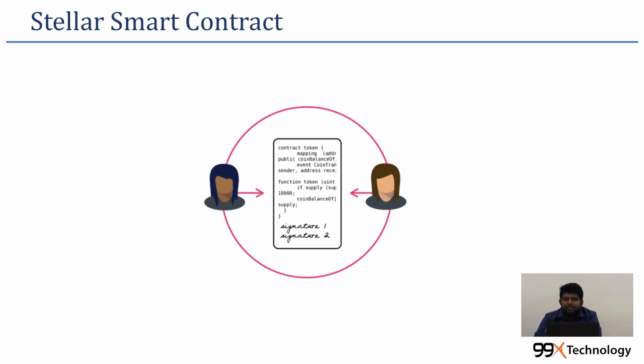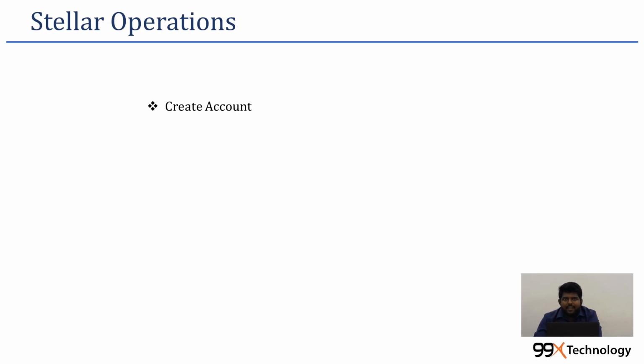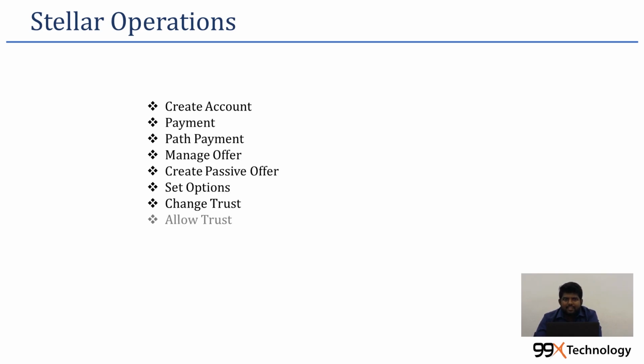We can build a proper smart contract that can handle any amount of money transactions or some sort of data transactions. If you take the Stellar operations, there are operations like create account and payments, and these are the main operations of Stellar, and you can play around with these to make smart contracts.